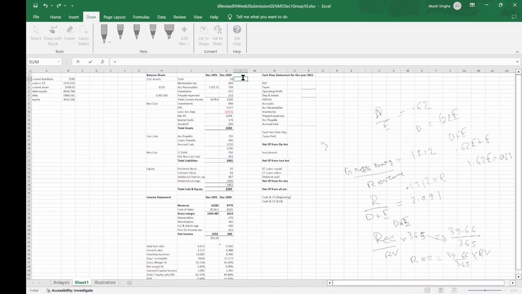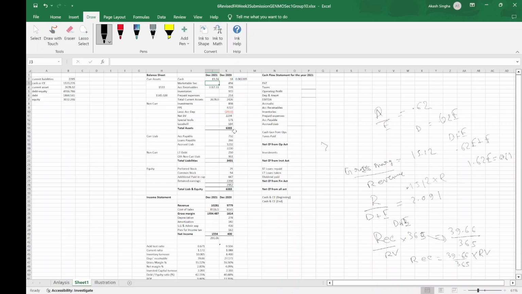So, the ratio is 18 by how much they have paid in a whole year. So, it should again be the same ratio into this year's cost of sales.